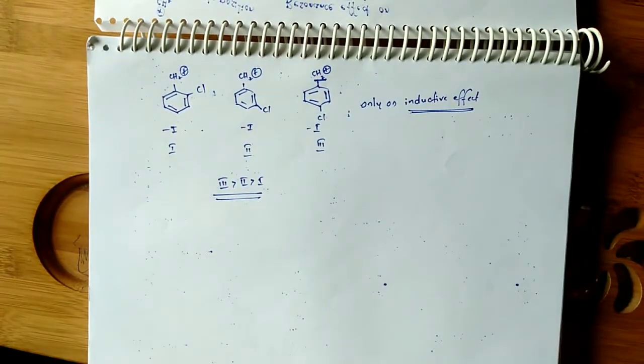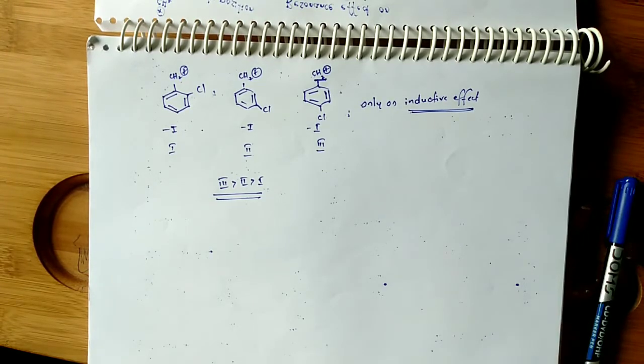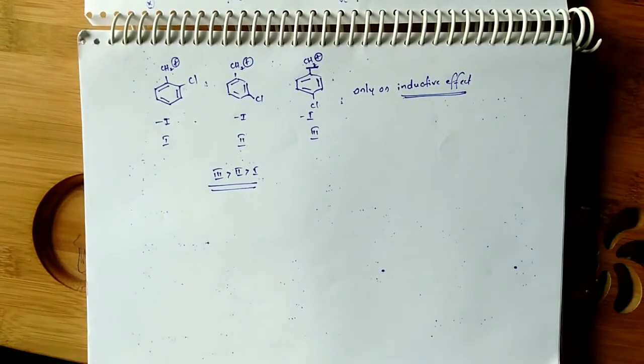Okay, so this is the stability order of benzyl carbocation when an electron withdrawing group, that is minus R group, is present at ortho, meta and para positions, plus R group present at ortho, meta, para positions, and minus I plus R group present when halogen is present at ortho, meta, para positions.